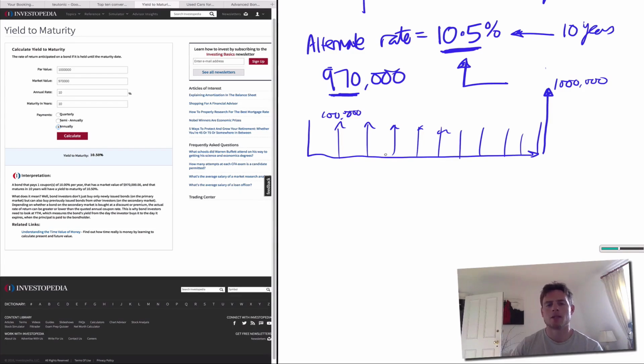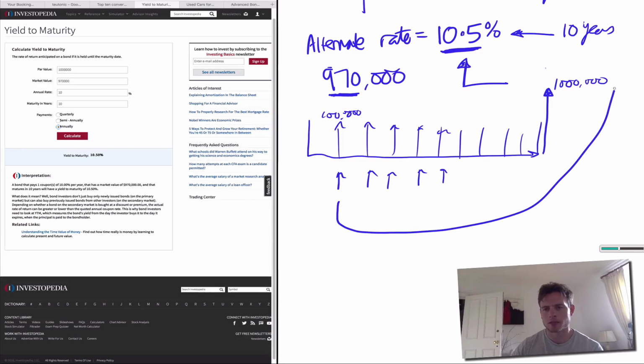The return will be exactly the same as if we buy the bond for 970,000 and then wait for each cash flow to arrive, and as each cash flow arrives, we invest that cash flow into the same bank account and keep it until the end of the period.